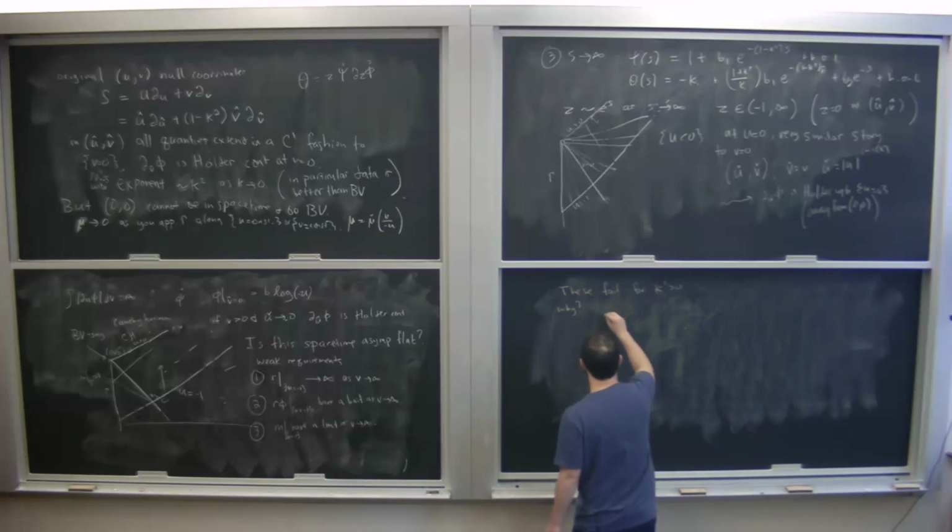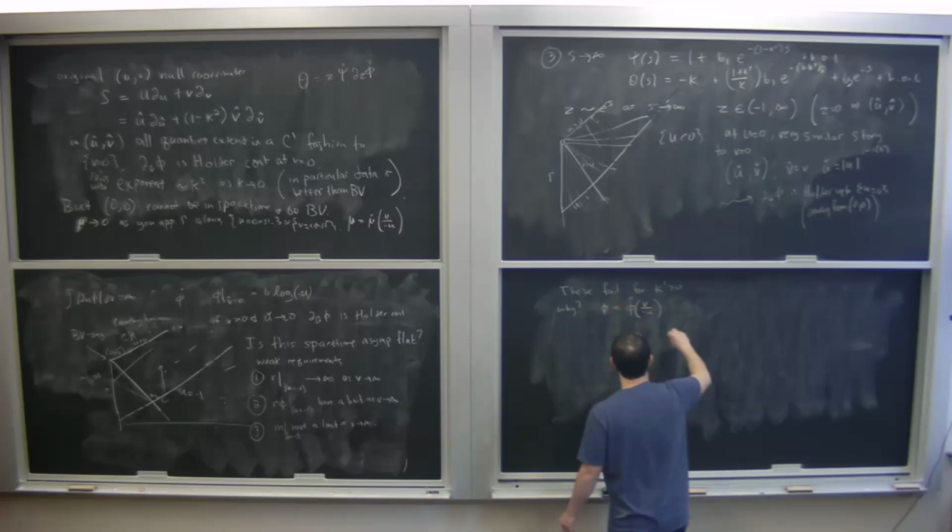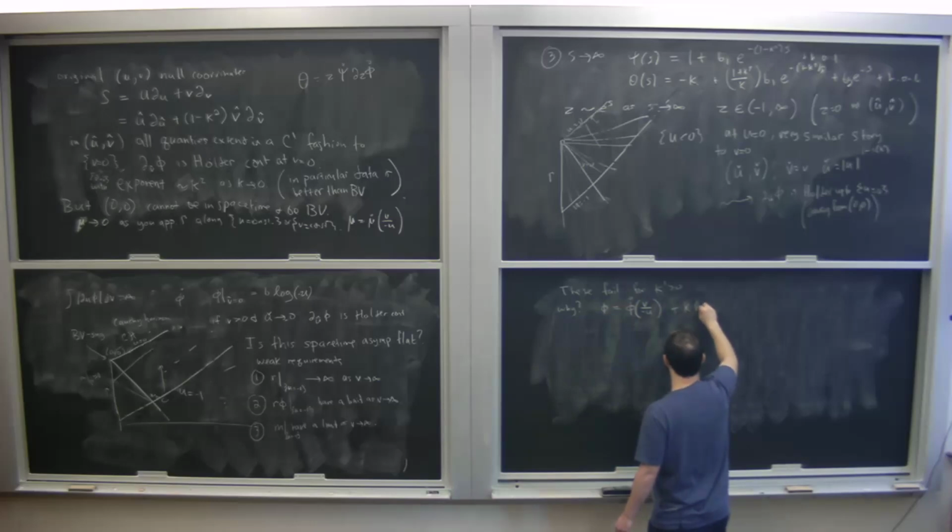This is just by scaling. So we know that phi is equal to some function of v over minus u plus k log, or maybe minus k. It looks like this, right?